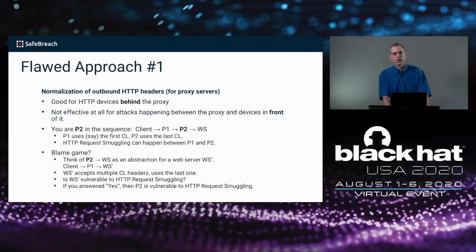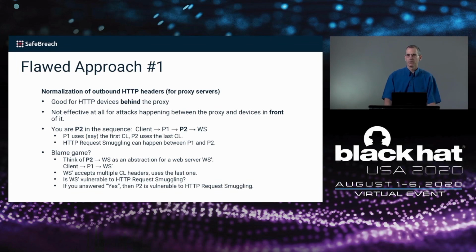First, I want to discuss some flawed approaches for protection against HTTP request smuggling. For example, some people claim that normalization of outbound HTTP headers for proxy servers is a solution. And I think that obviously it's a solution for the HTTP devices behind the proxy, but it's completely ineffective for all attacks that take place between the proxy and the devices in front of it.